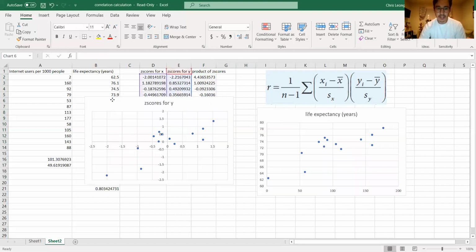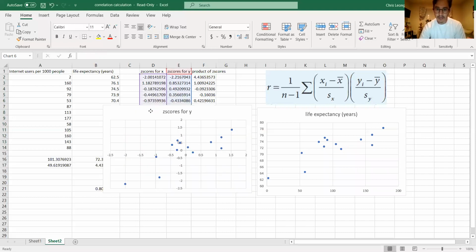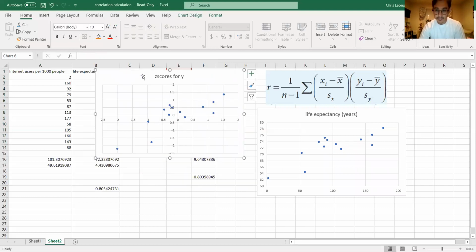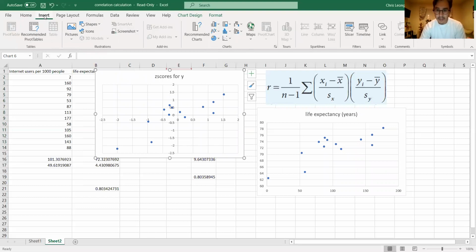So just to go back to the original graph here, let's go ahead and add some lines. We know the means for our 2 original variables. The mean number of internet users was about 101, and we put a line here for that mean.